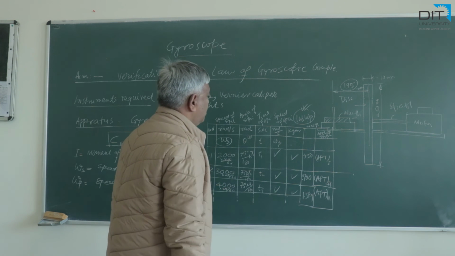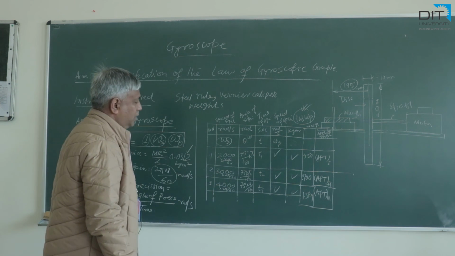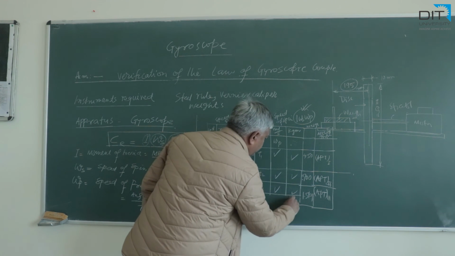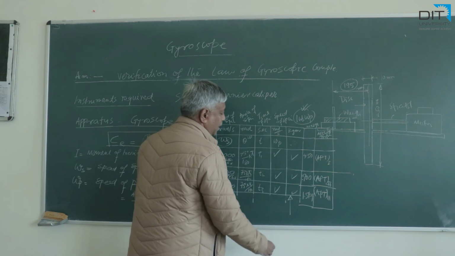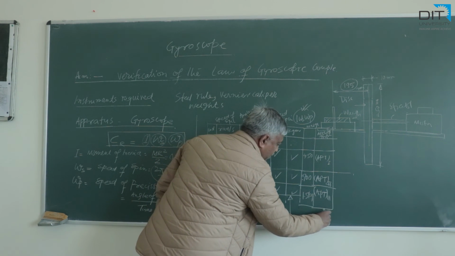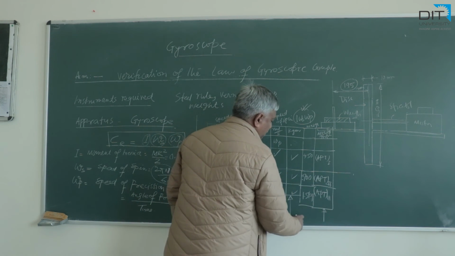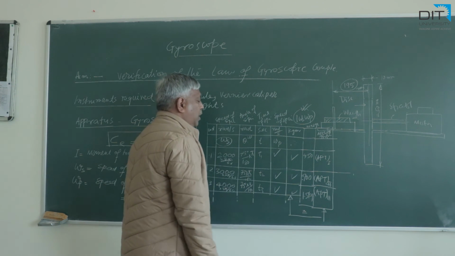To conclude whether the law is verified or not, we have to compare these two parameters. First is this theoretically calculated gyroscopic couple, and this is the practically applied couple. These should be equal, 100%.